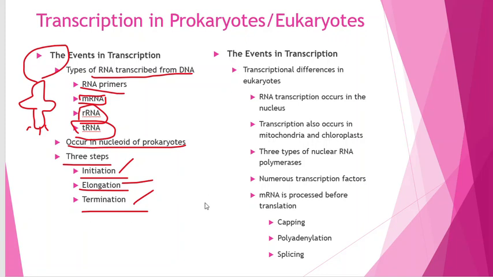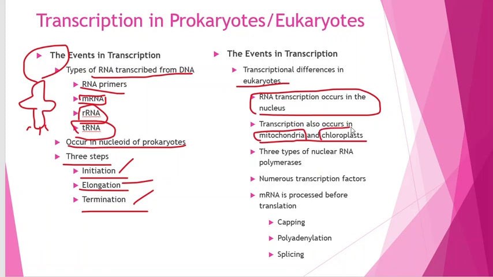In eukaryotes, we do the RNA transcription in the nucleus because that's where the DNA is. You get some transcription in the mitochondria because, remember, our mitochondria have separate DNA. Chloroplast in the plants. We have three types of nuclear RNA polymerases, not something we're going to get into.